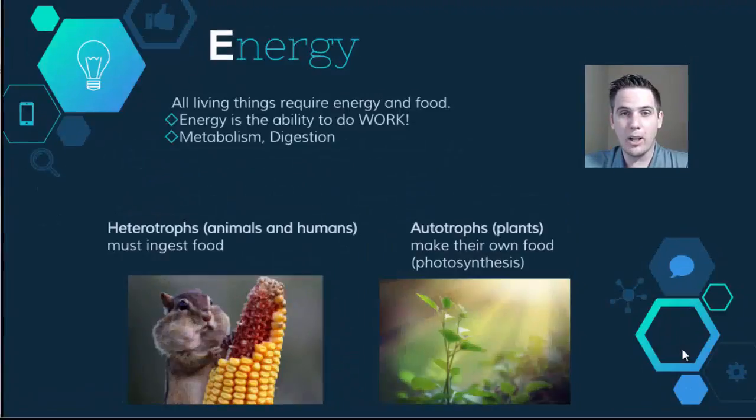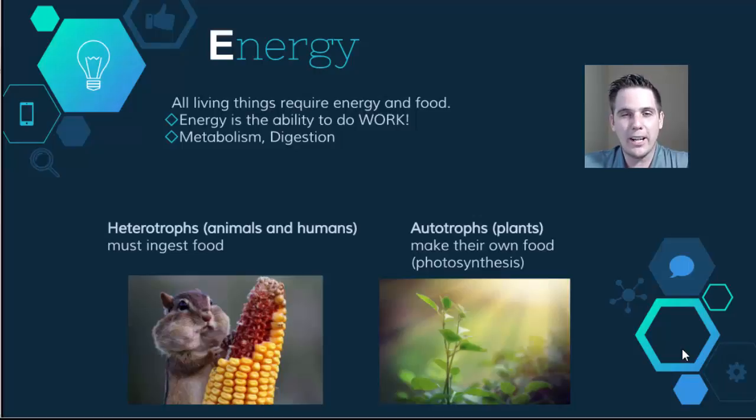Another characteristic that all living things have is that we all require energy and food. Energy is the ability to do work. That includes things like actually going to work, going to school, but also the things inside your body, keeping your heart rate going, sweating, burning calories. This is all work that your body is doing.